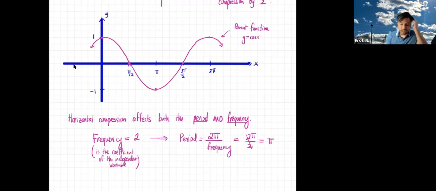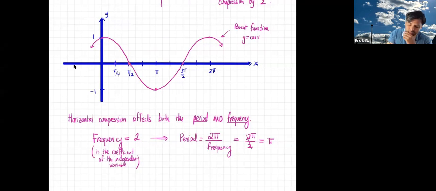So how is that going to work? Now I'm going to divide this into fourths here. Remember, we're always going to divide our periods into fourths, into quarters. And now I'm going to use a different color. I think purple will do. So I'm going to start at the maximum again, but I'm not going to wait until pi over 2 to get to 0. I'm going to get half of that, which is pi over 4, right?